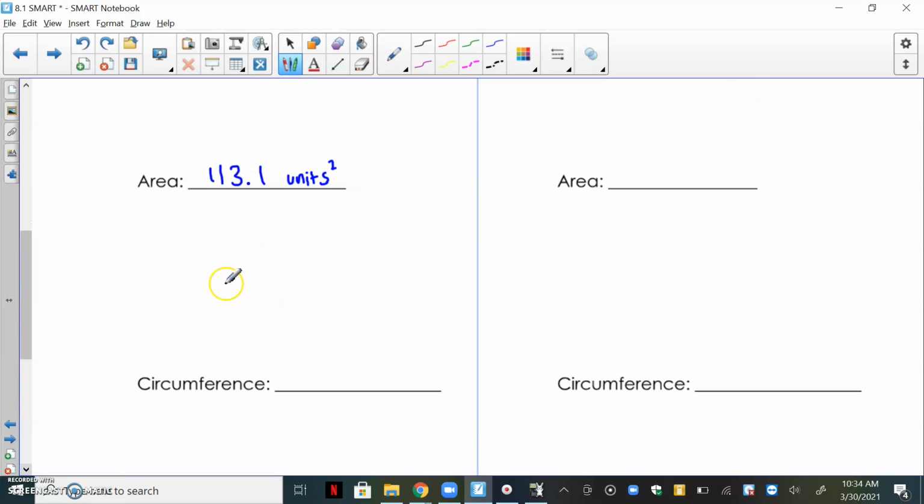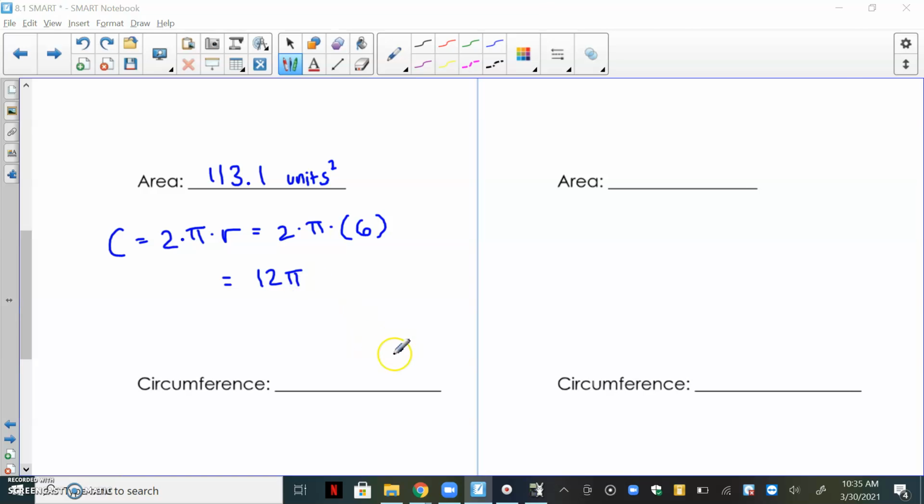Then for the circumference, we need to do the circumference formula, which is 2 times pi times the radius. So 2 times pi times my radius, which was 6, equals 12 pi.